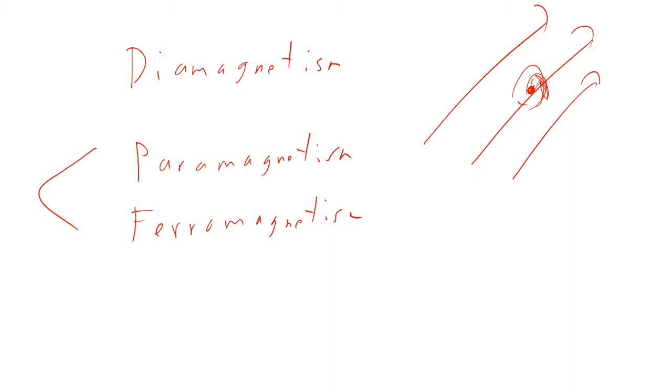It's not something that we normally would worry about. So with diamagnetism, you apply the external magnetic field, and in most cases you have the magnetic moments all canceling each other, and so it really doesn't matter much.